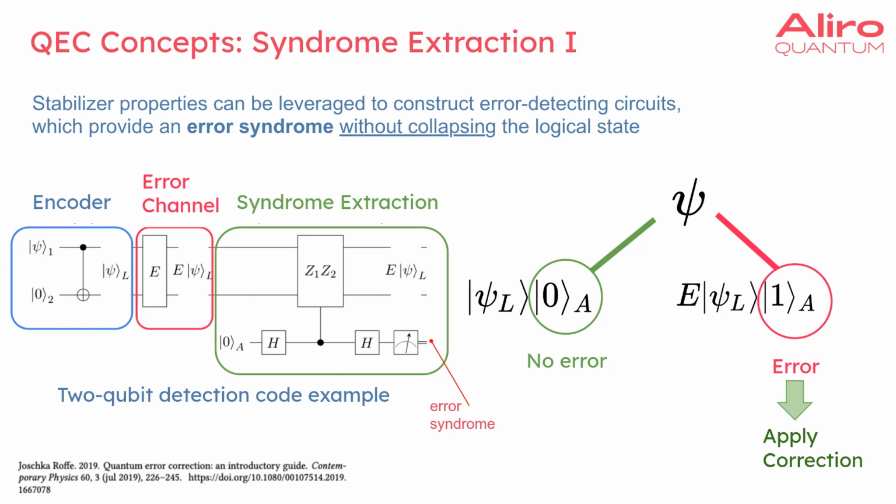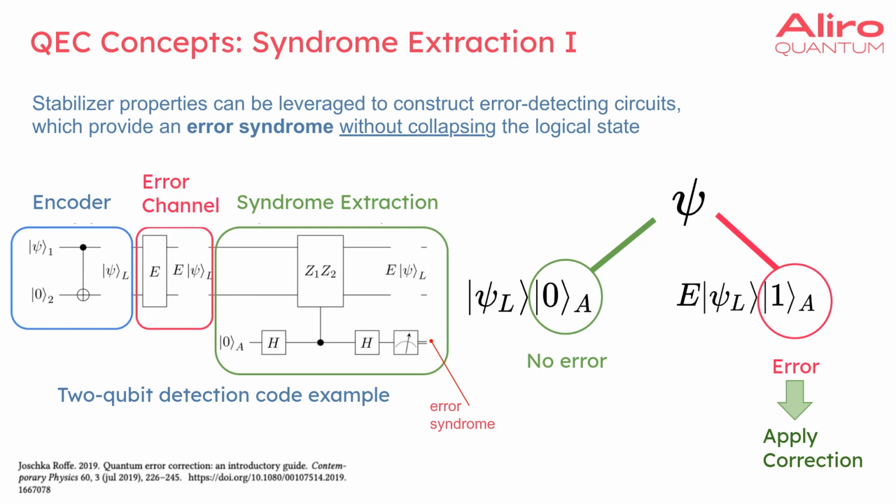And there's another branch of the superposition that has an association where the auxiliary qubit will always be measured with the state of 1 when an error occurs. And so in this case, when we see that this auxiliary qubit is measured with value 1, we know that an error occurred and we need to apply the correction.